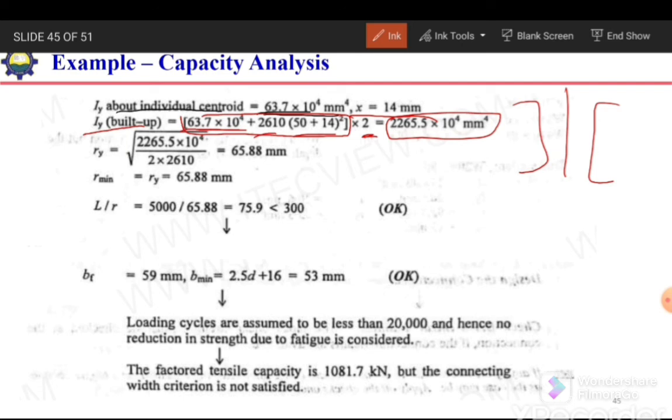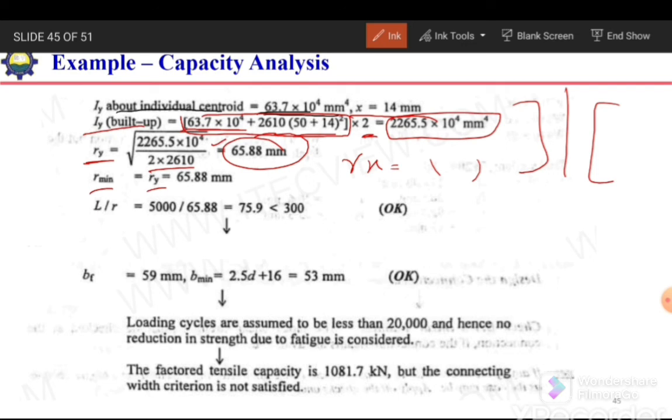From here we can calculate Ry, which is Iy over area. Here we will use the area of the built up section, so 2 times 2610. The Ry value of the built up section is 65.88 millimeter. So R minimum is equal to Ry. We can also calculate Rx, and then compare Rx and Ry and select the minimum value.